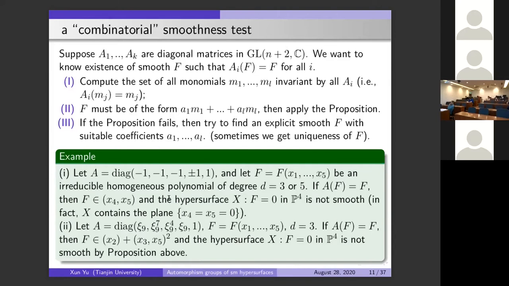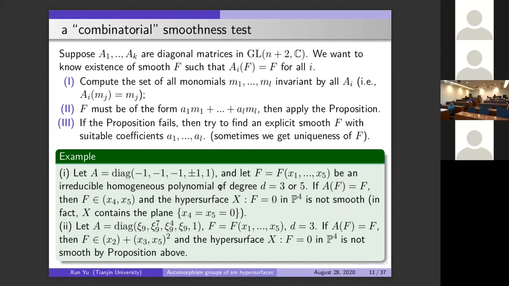And a more explicit example: you have A diagonal of order 2. The first three entries are -1, and of the last two, the first one is ±1 and the last one is 1. Suppose you have a polynomial F of degree 3 or 5, and you know AF is equal to F, where AF means you do a linear change of coordinates.